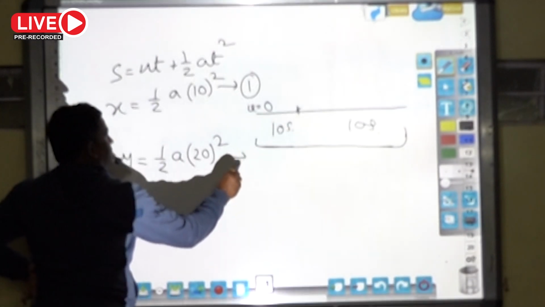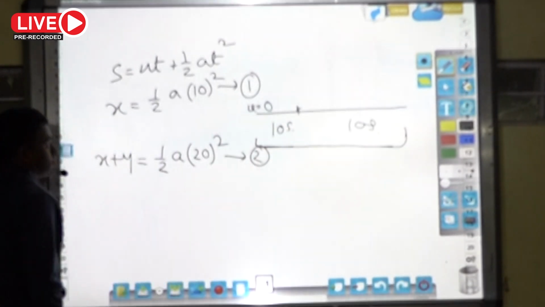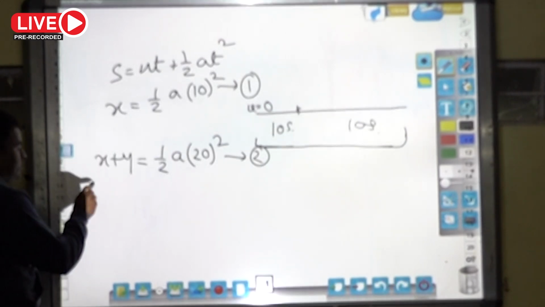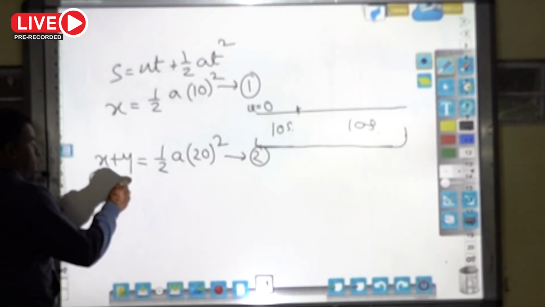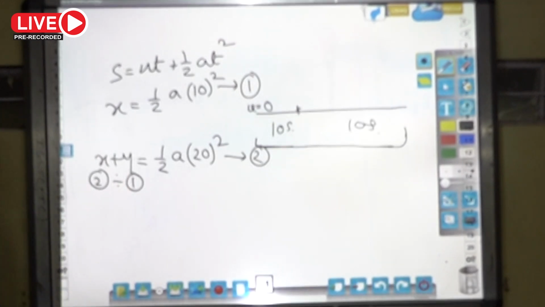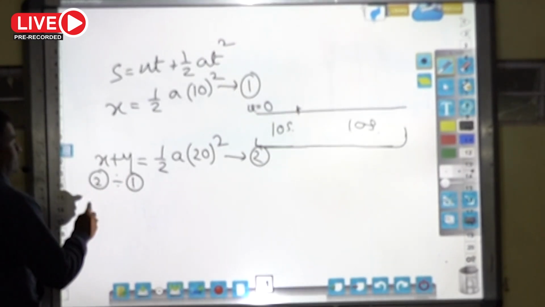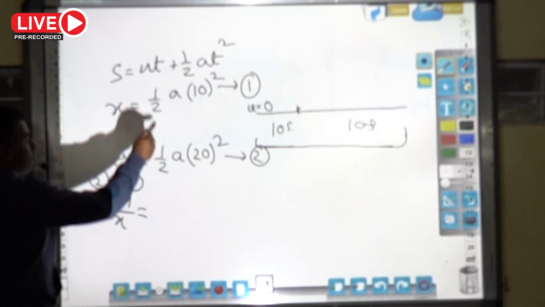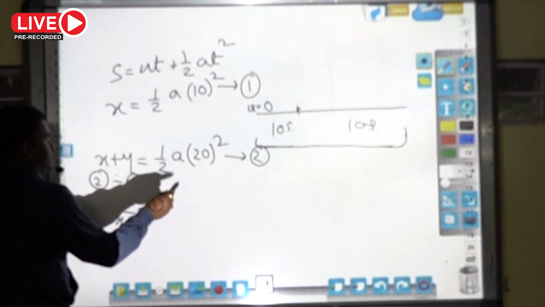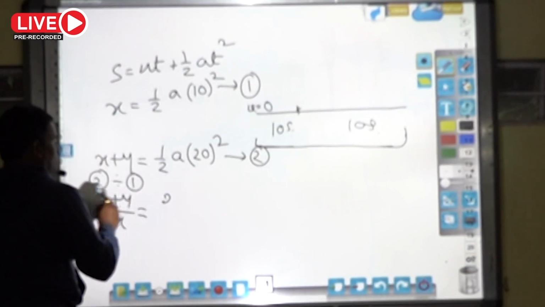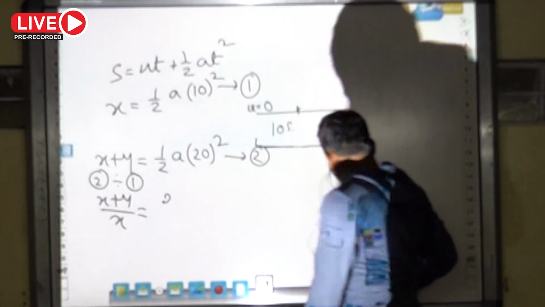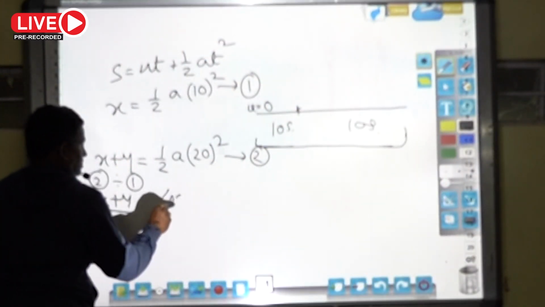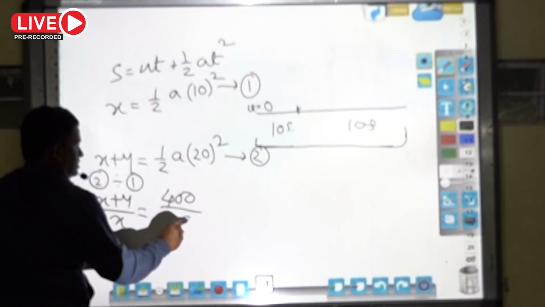So this is your second equation. Now we have to eliminate a from this. So I will divide equation 2 by equation 1 simply. It will be (x plus y) by x equal to half a will cancel, 20 squared means 400, by 100.